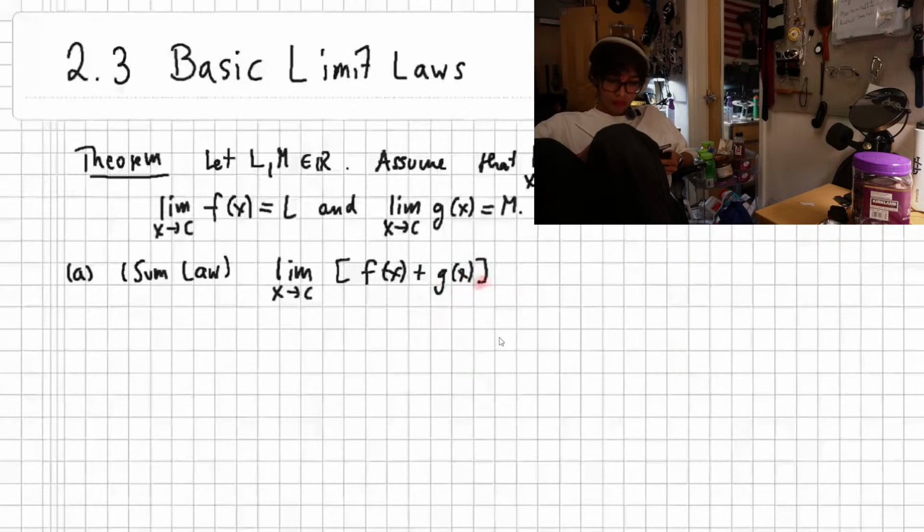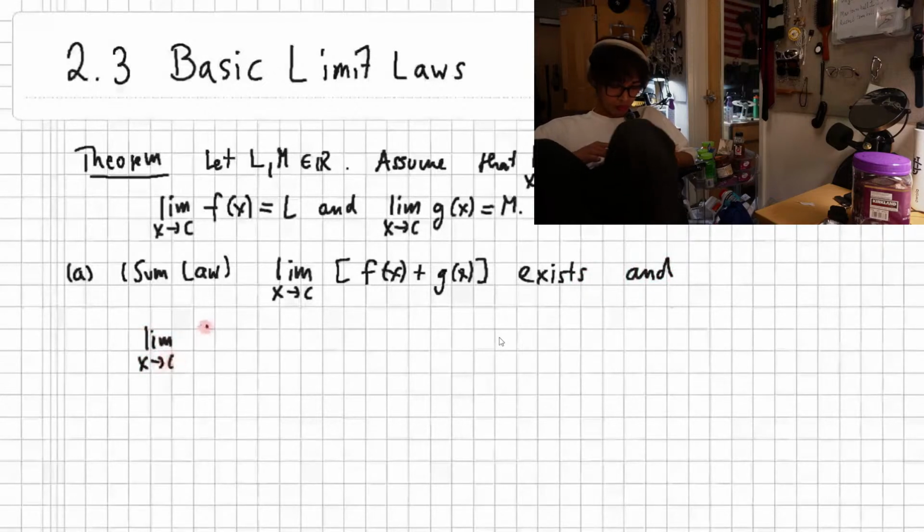And the limit laws simply state that if I know that the limit of f of x and the limit of g of x exist, then the limit of f of x plus g of x also exists.